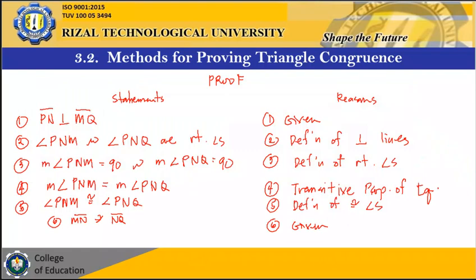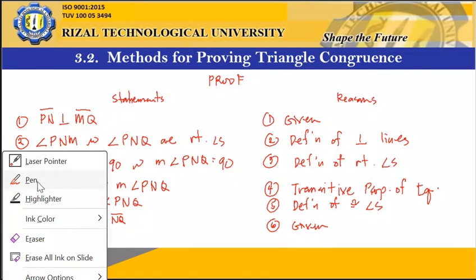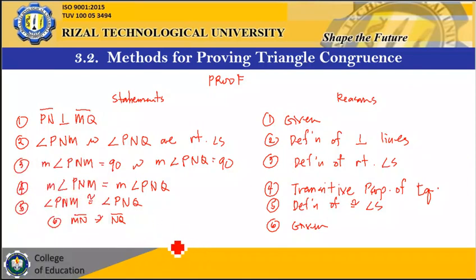So we can say that segment PN is congruent to itself. That is by the reflexive property of congruency. Okay? Reflexive property of congruency.